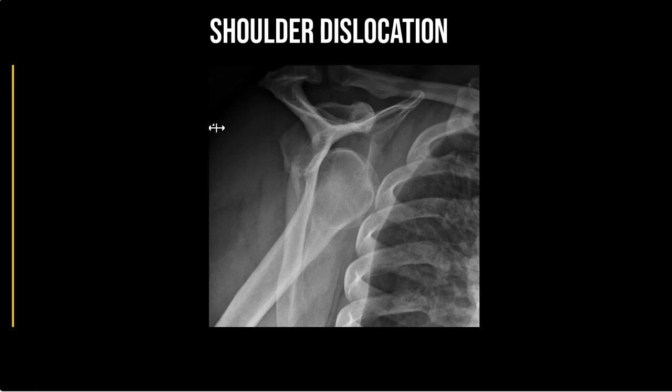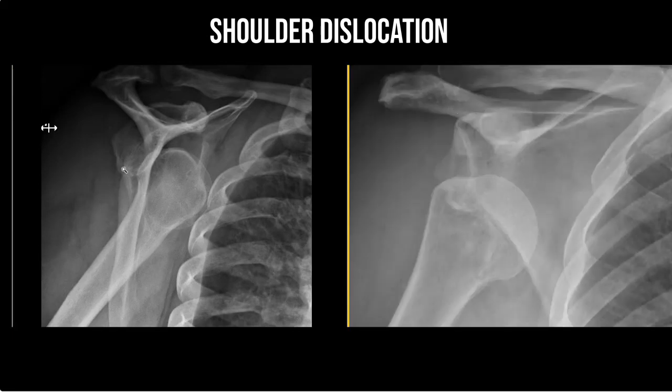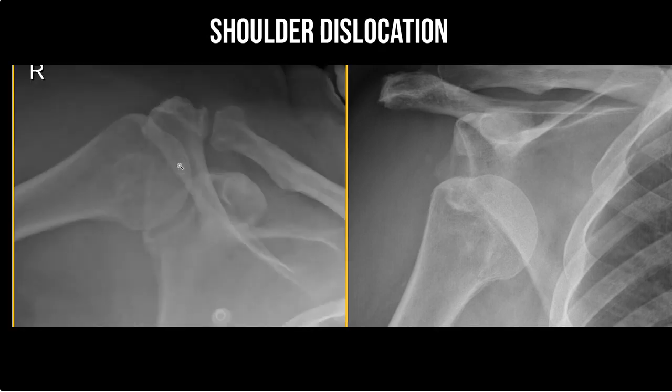So if we have a look at the AP and the lateral X-rays, this AP view shows the head dislocated, and then you look at the lateral view to see whether the head is going anteriorly or posteriorly.